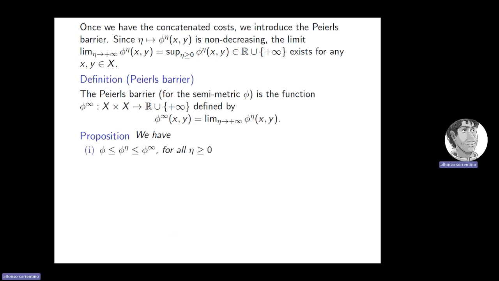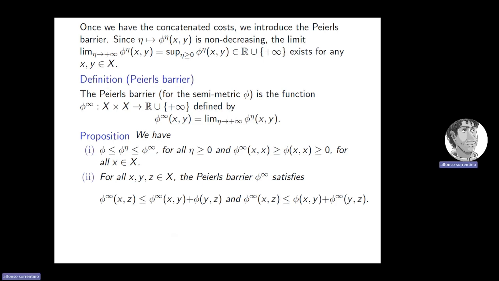Now, what are the properties of the pairs barrier? Of course, it's larger than phi eta, so it's larger than phi. And in particular, phi infinity of xx is larger than phi xx, so it's non-negative.